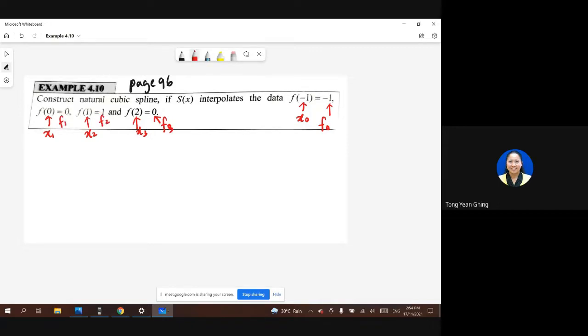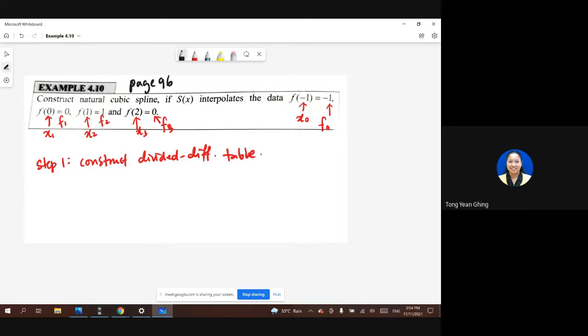So we start with the procedure from just now. Just now we said that in step 1 we have to construct the divided difference table.